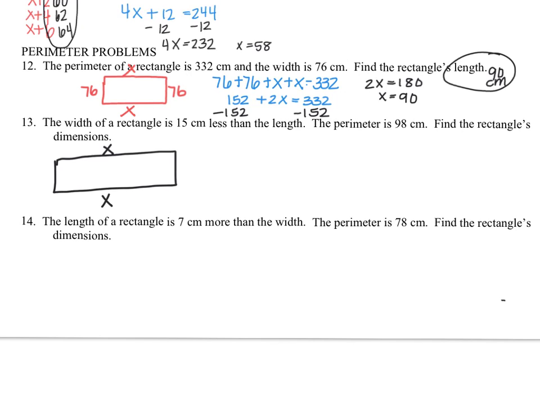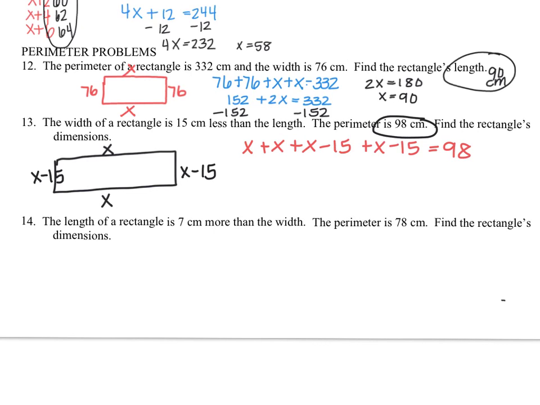Then the width, the other sides, is 15 centimeters less than that, or x minus 15. Now we know the perimeter is 98. So we can add up all of those sides. x plus x plus x minus 15 plus x minus 15. And together we should get the perimeter of 98.